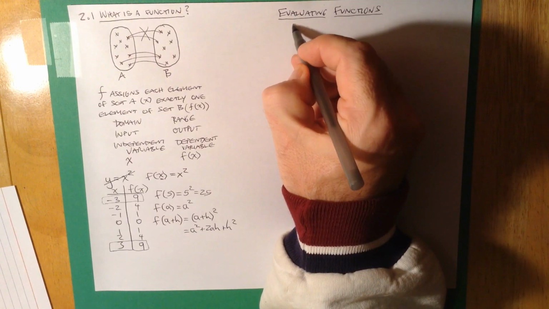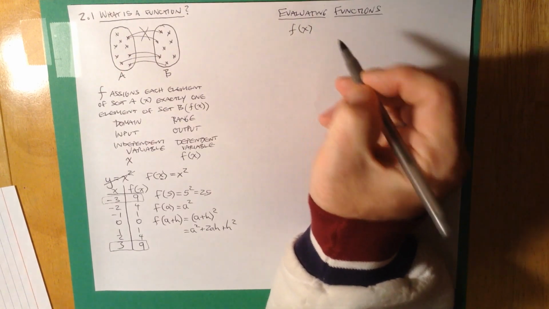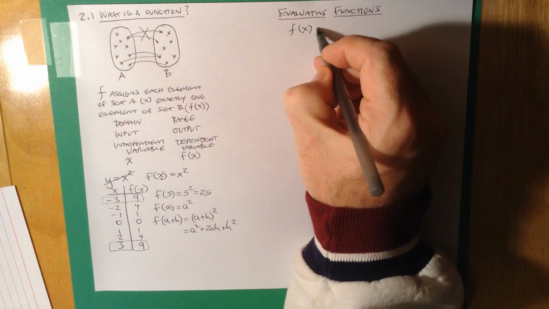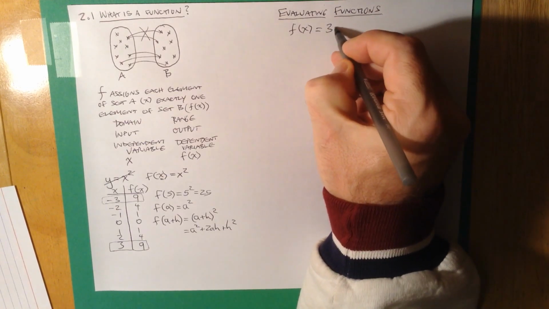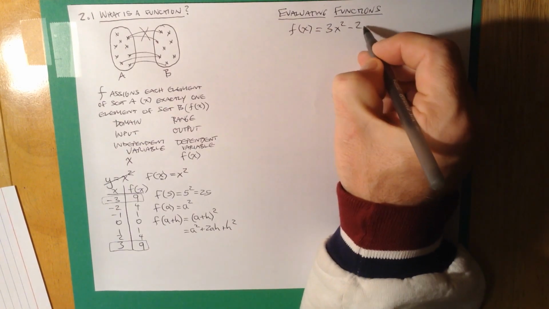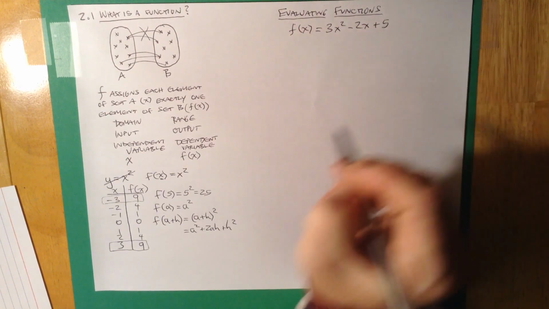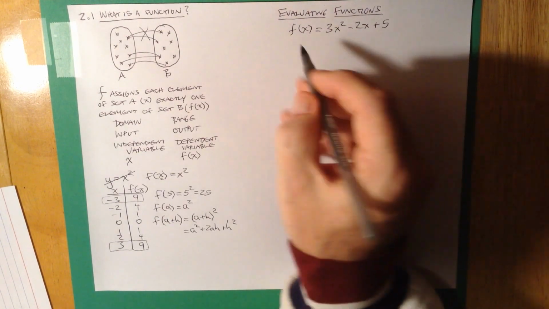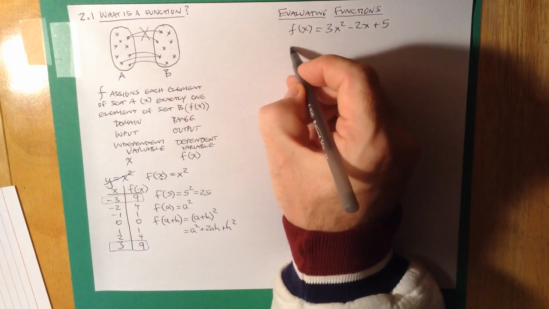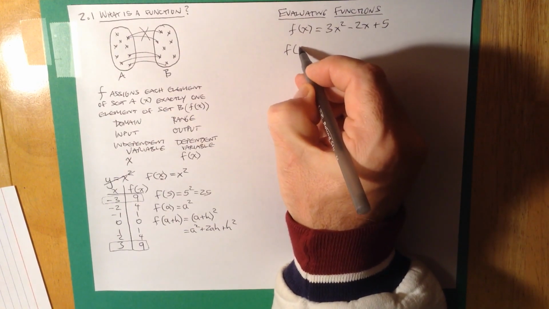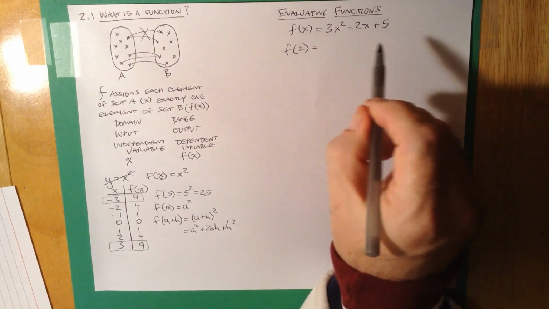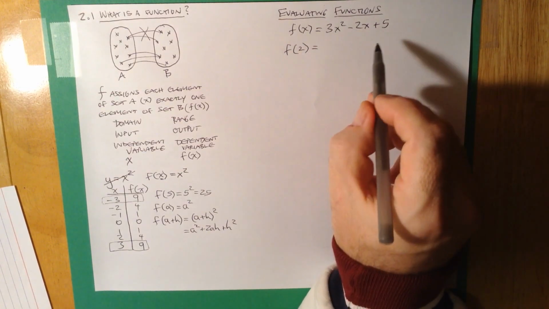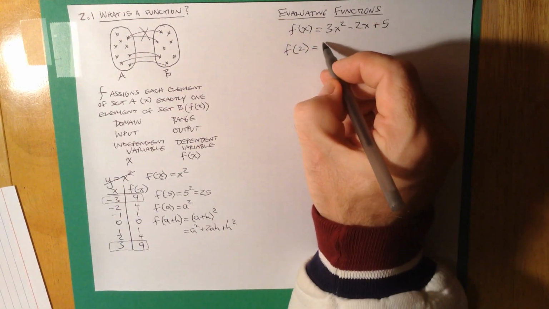Let's say that f of x, and this will be something that you've seen before as we've worked through previous sections with, let's say, quadratics. Let's go 3x squared minus 2x plus 5. Well, what is the result of this function if our input is 2? When x is 2, what is the result in the range that 2 is mapped against?